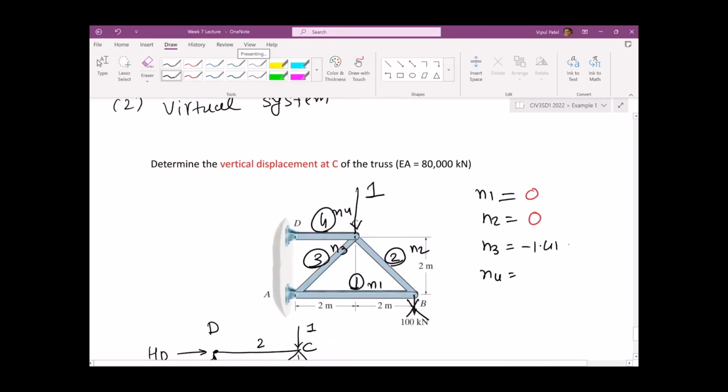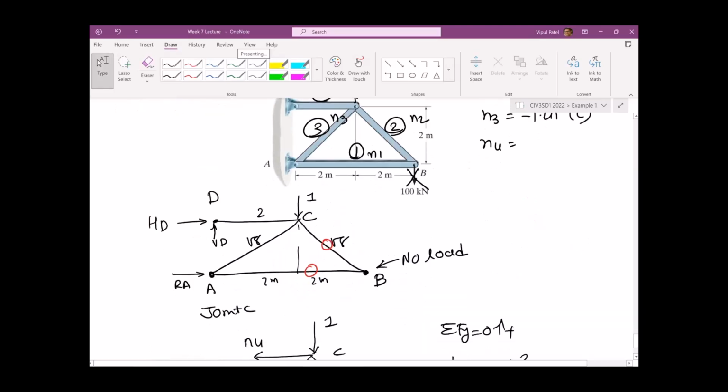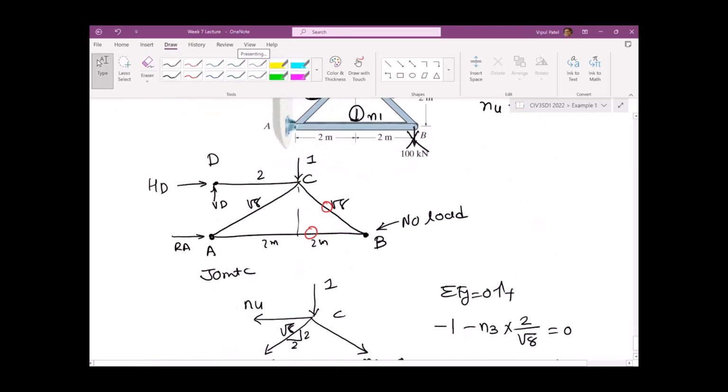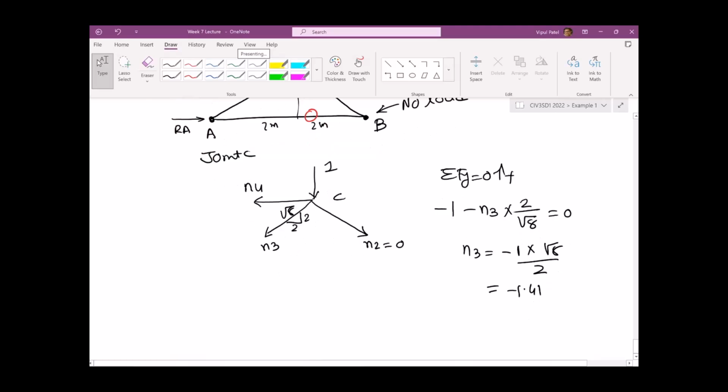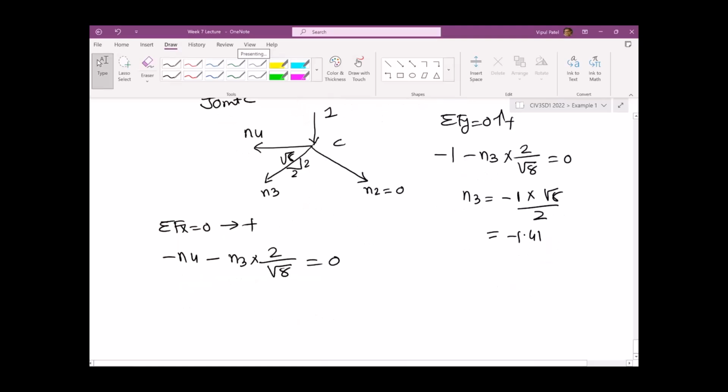Minus 1.41 compression. N4: let's say sum of the force in the x direction, left to right is positive: minus N4 minus N3 times 2 on square root 8 equal to 0. Let's substitute this value.